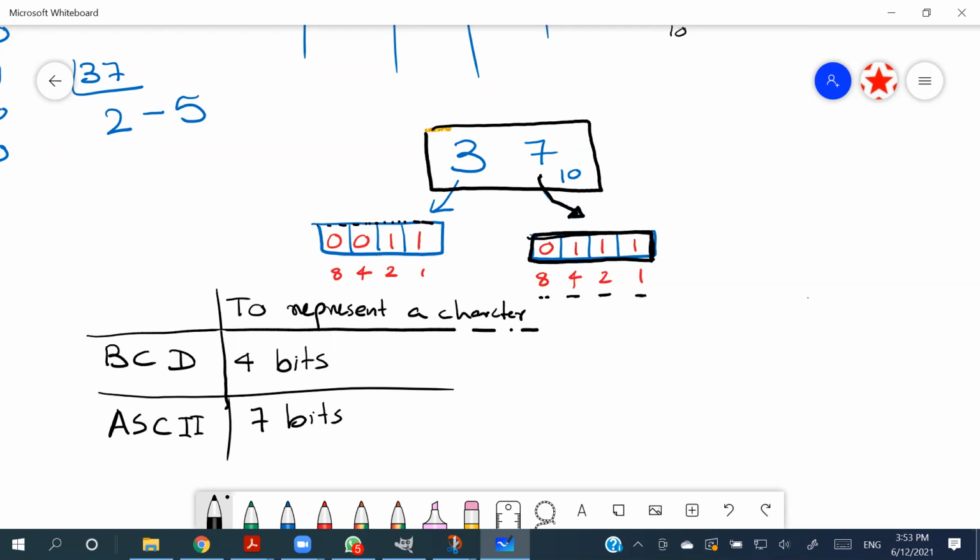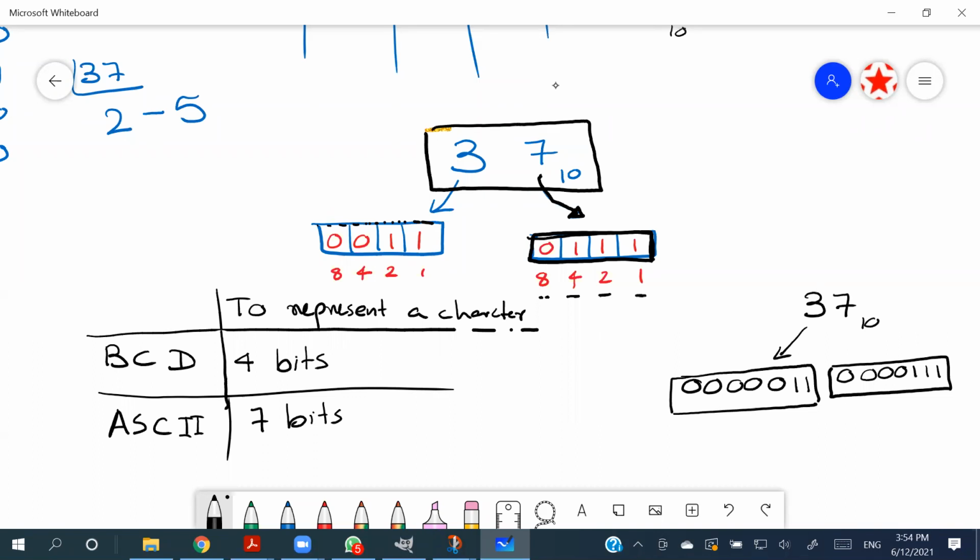If we try to represent 37 in ASCII, 3 is written like this: 1, 2, 3, 4, 5, 6, 7. So this is going to be 3. And 7: 1, 2, 3, 4, 5, 6, 7. And this is 7. Earlier this was in 4 bits. Now this is in 7 bits.